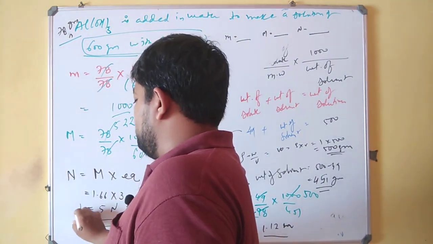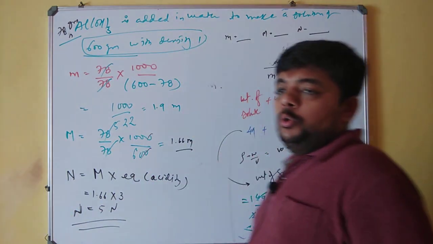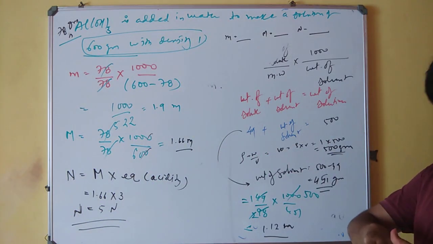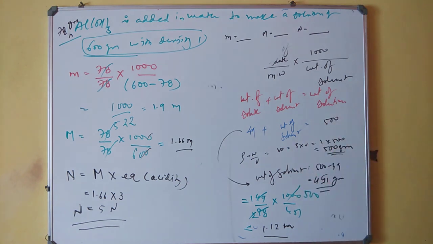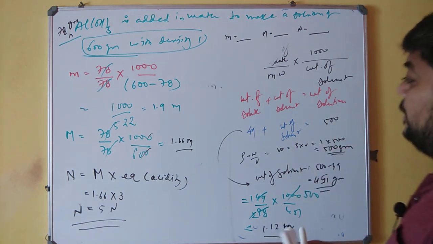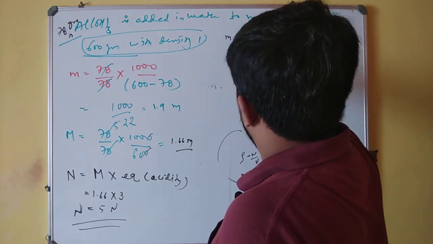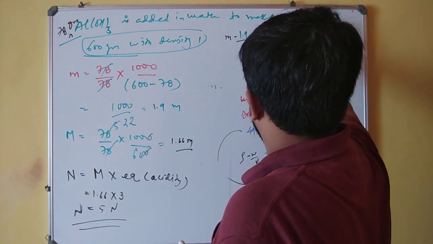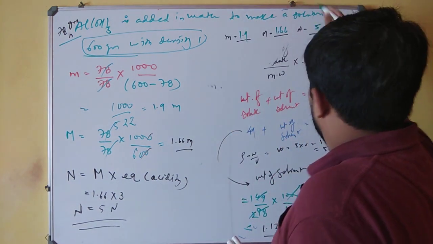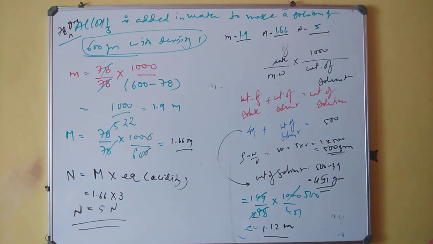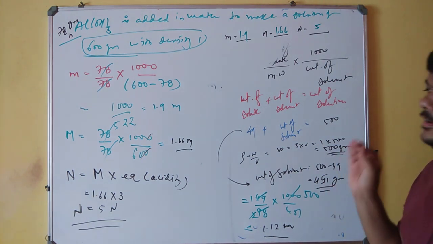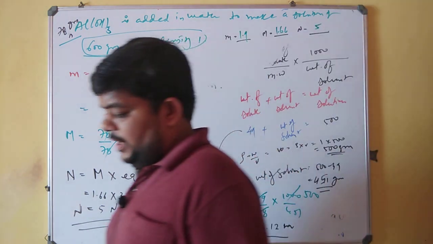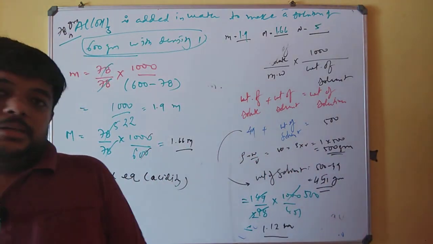If you have any queries about the answers, I am always ready to get back to you through the comment box of the video. But probably the answers are right as far as the mathematics is concerned. There might be the least errors. Nevertheless, errors are possible when you are learning. So this is all about normality, molarity and molality. Friends, this is very important when you are going through the concepts in chemistry.